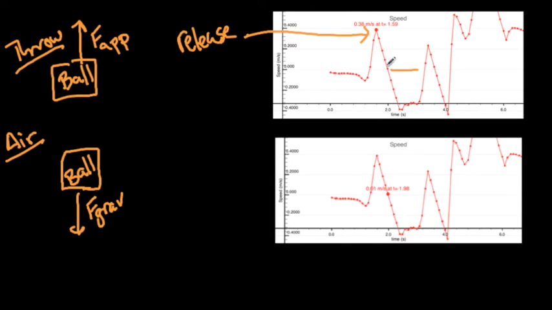So if the ball is getting closer and closer to 0 meters per second, then the ball is slowing down, and that's something that you want to point out with your students. So they may say, well, this is when the ball is going down, but actually that's when the ball is going up. The speed of the ball is just approaching 0 meters per second, which means it's slowing down.